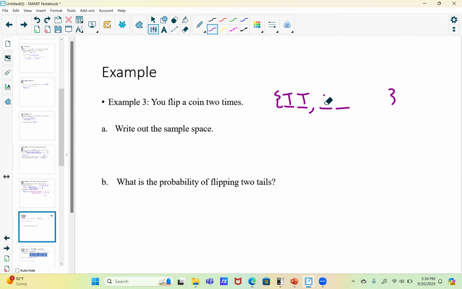Or a tails first and then a heads. Or a heads first and then a tails. Or a head and a head. That covers all the possible outcomes. So this is my sample space.